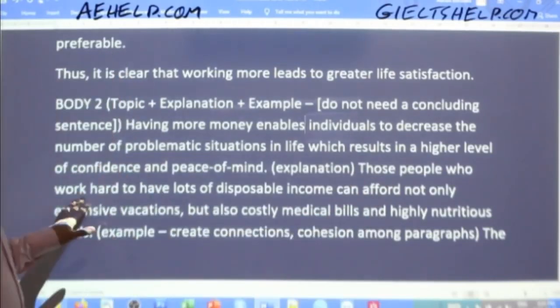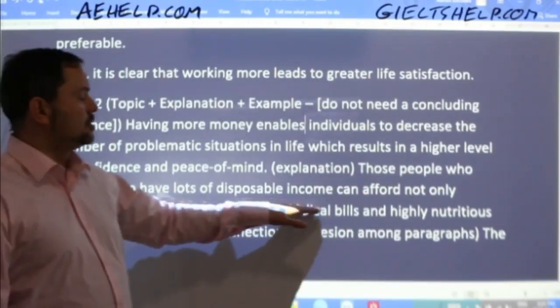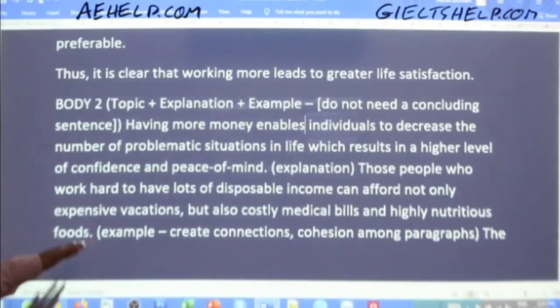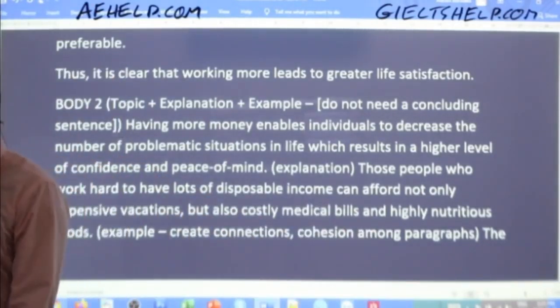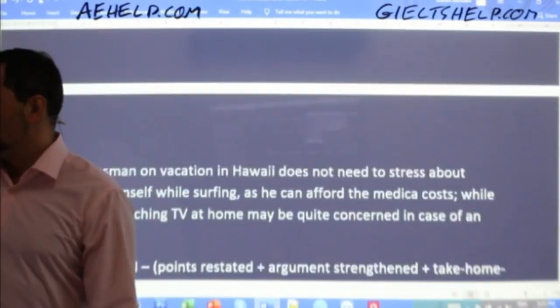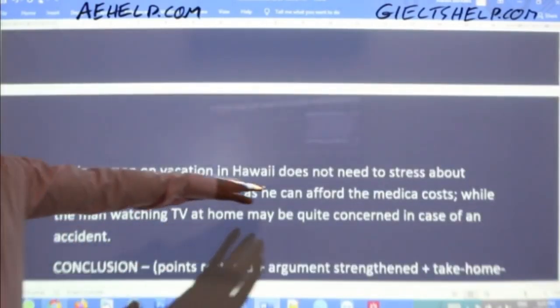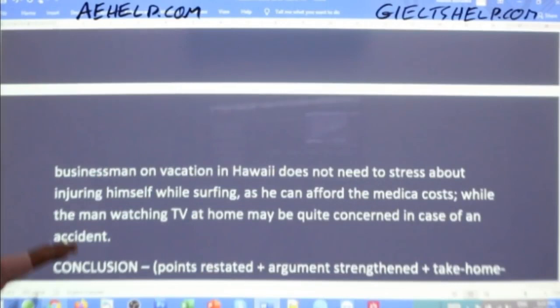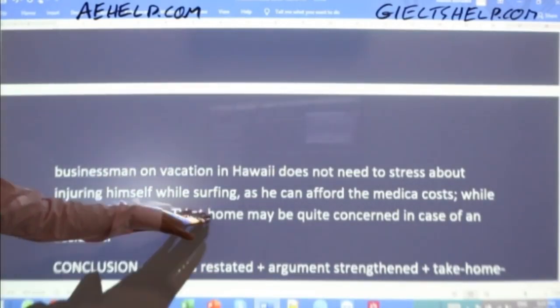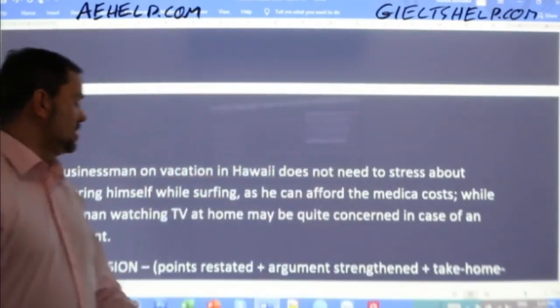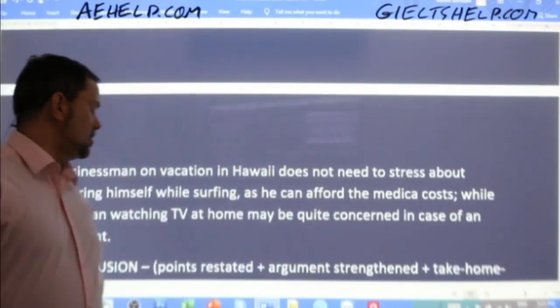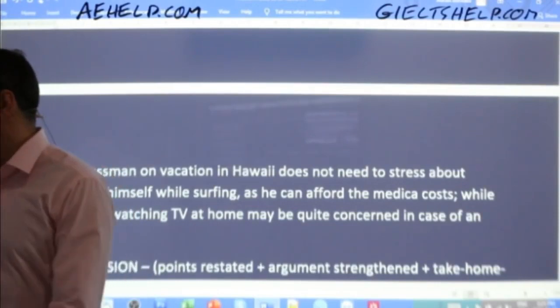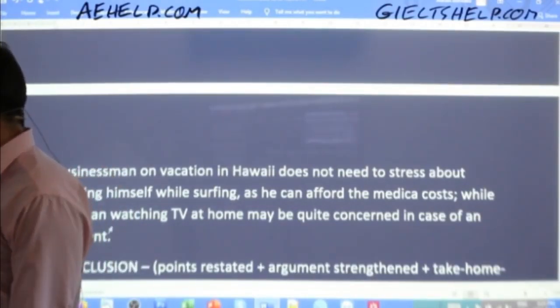Those people who work hard to have lots of disposable income can afford not only expensive vacations, but also costly medical bills and highly nutritious foods. The businessman on vacation in Hawaii does not need to stress about injuring himself while surfing, as he can afford the medical costs, while the man watching TV at home may be quite concerned in case of an accident. I'm going to put a comma there.